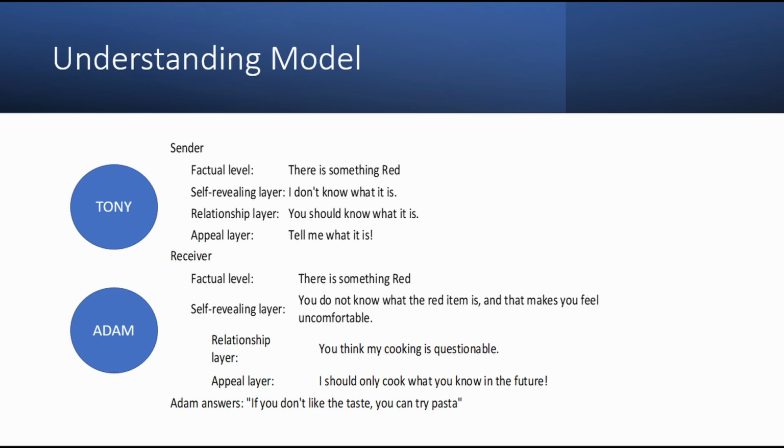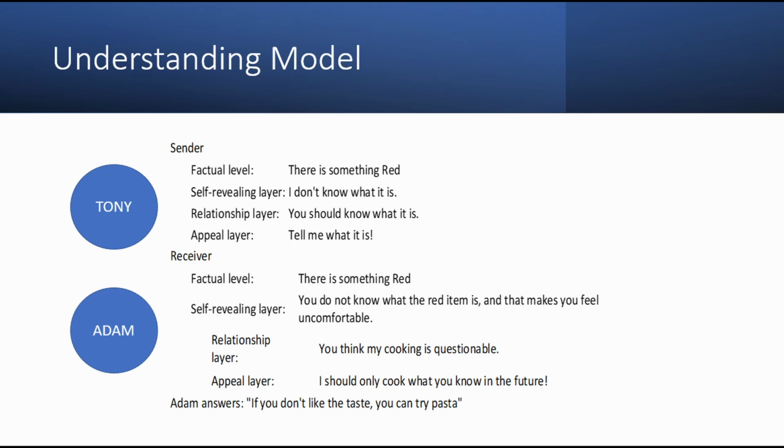When we translate this message to the self-revealing layer, Tony doesn't know what it is, right? That's why he's asking. In the relationship layer, he is expecting his friend to know what it is because he has invited him to the dinner table and he has cooked this food, right?